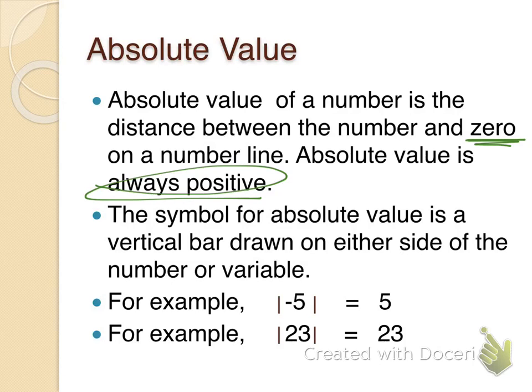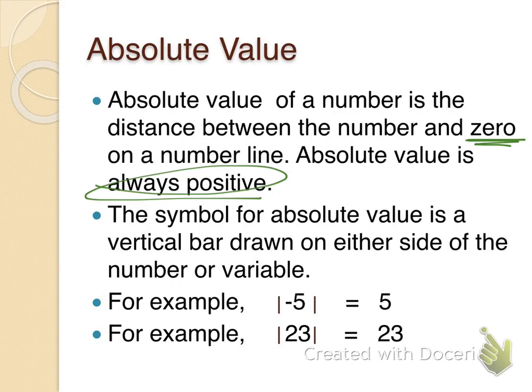If you look back in the back of the room at the number line and you find -5, if we count how many spaces you would have to move to get to 0, you would have to move 5 spaces. From -5 to -4 to -3 to -2 to -1 to 0. So you would move 5 spaces.